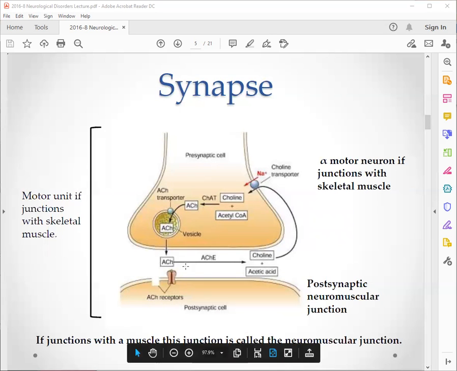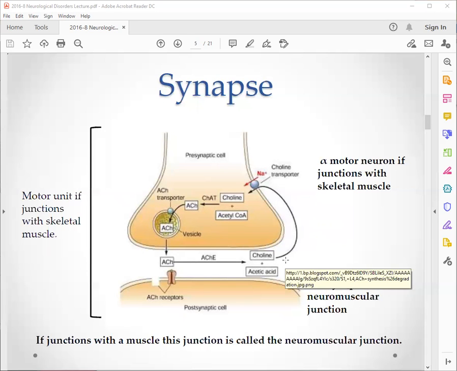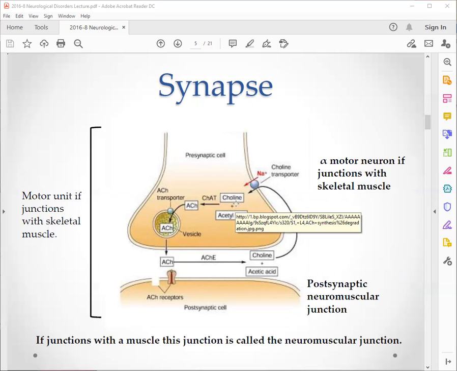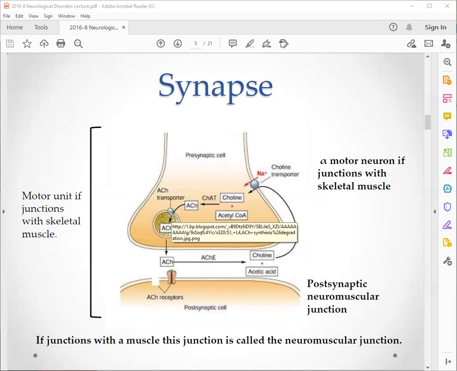Now, acetylcholine remains in the synaptic cleft. Ultimately, an enzyme called acetylcholinesterase breaks down that acetylcholine into choline and acetic acid, which is ultimately transported back into the presynaptic neuron and then repackaged into acetylcholine and packaged into a vesicle containing an acetylcholine transporter.